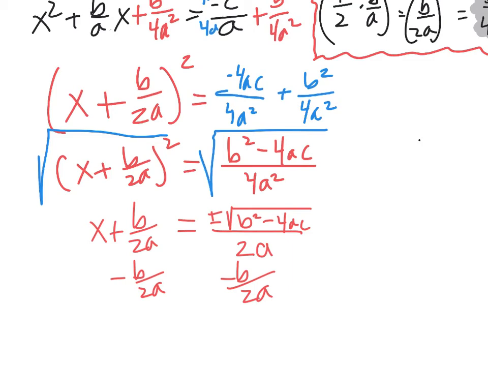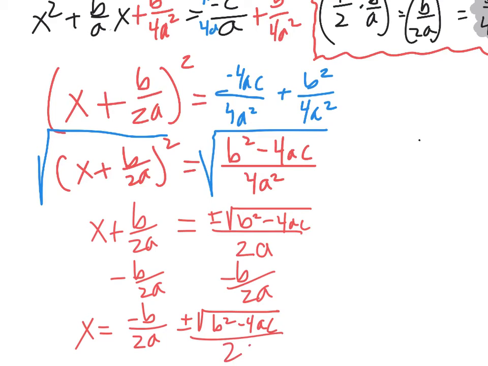And we got all of this plus all of this. And so we're just adding these things. So we're going to go ahead and put this in front there. So we have x equals negative b over 2a. And we got this plus or minus the square root of b squared minus 4ac all over 2a.